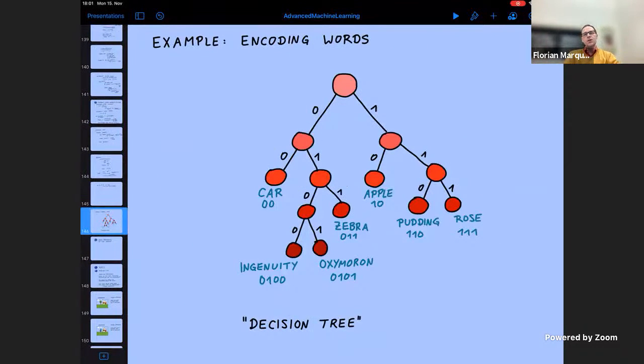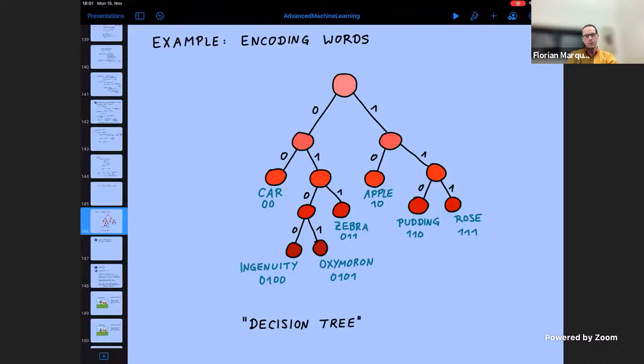Okay, so we asked if we have a source that emits a sequence of symbols, for example, a text made out of words, then how can we efficiently compress these symbols? And we understood relatively quickly that it depends on the probability or the frequency with which these symbols occur.